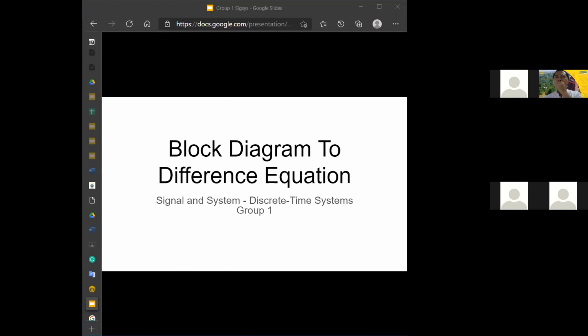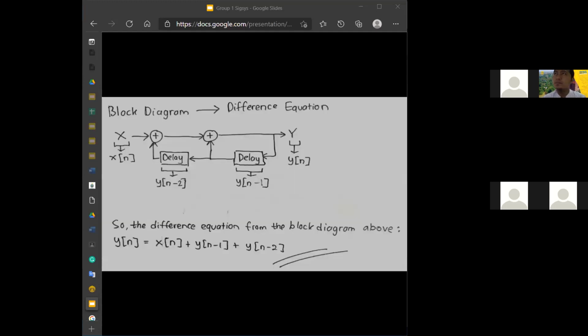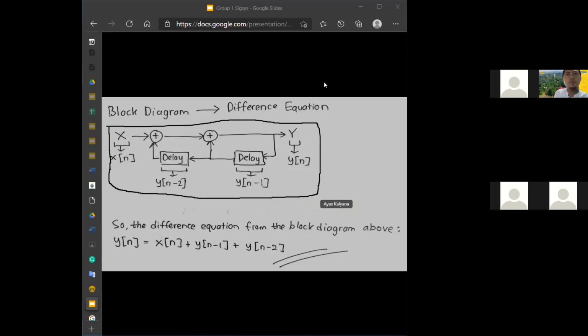Okay, let me annotate. So we are given a block diagram of this, and we convert it into a difference equation.